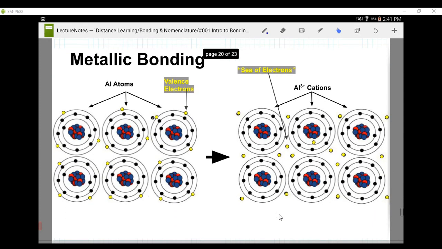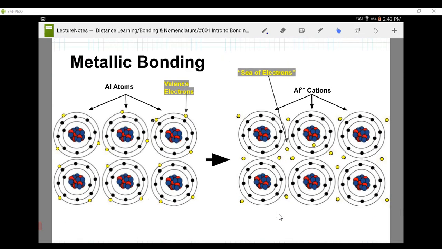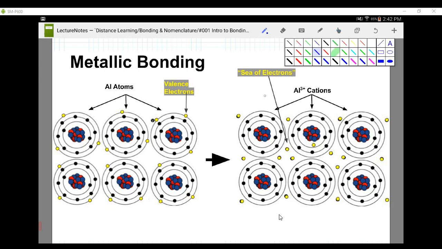As a diagram, we can see here an example with aluminum. So this is what happens, for example, in aluminum foil. We have a whole series of aluminum atoms next to each other, and in yellow, we have the valence electrons highlighted. But when they're all together, since an individual aluminum atom cannot tightly hold on to these valence electrons, they're free to exist between all of the aluminum atoms.